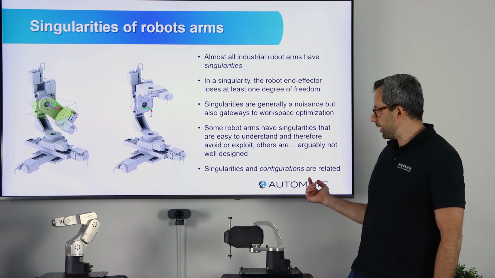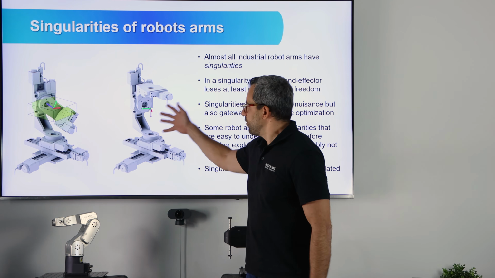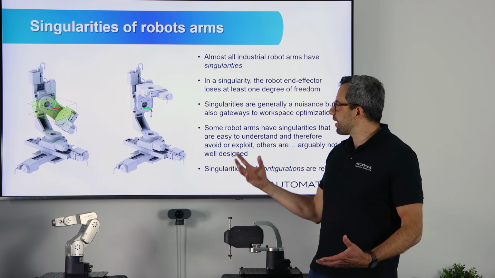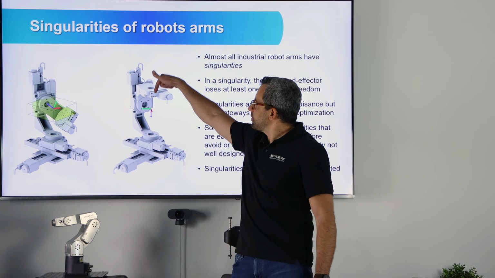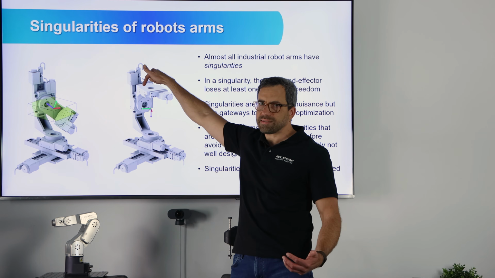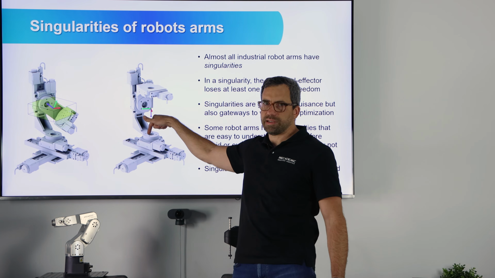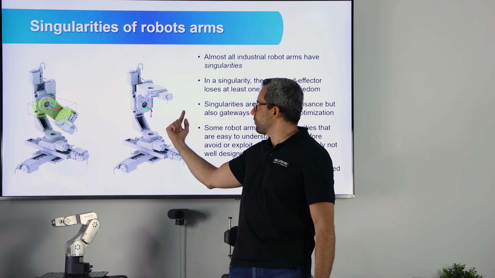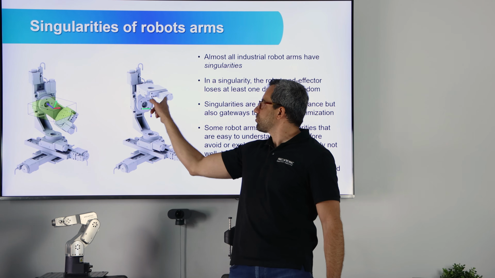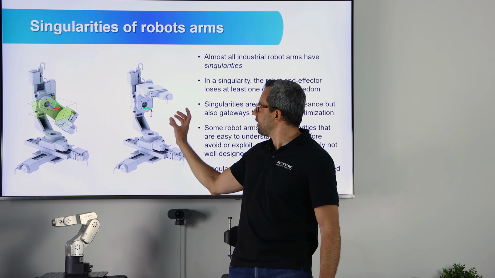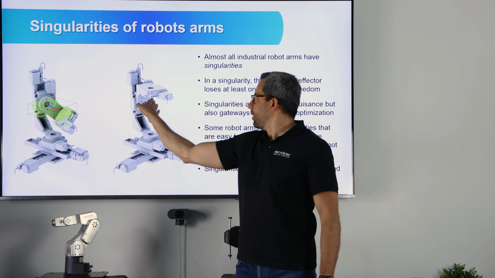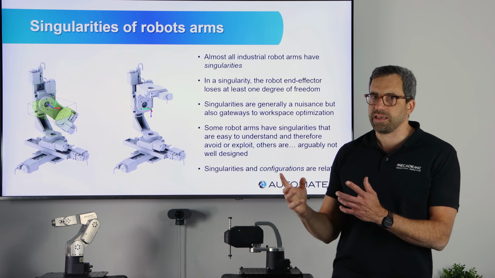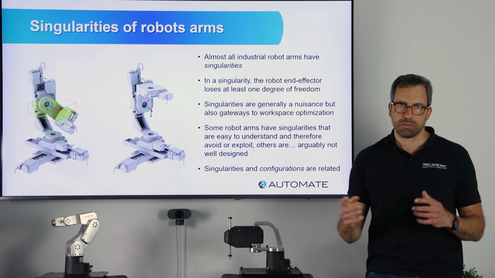And also even this very simple Cartesian 6-axis system has a singularity when the axis of the 6th joint and the axis of the 4th joint coincide. So basically in this configuration, you cannot rotate about this axis.